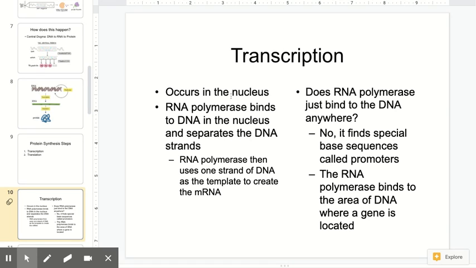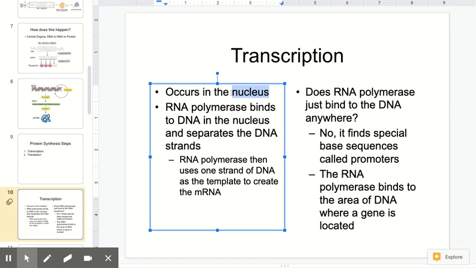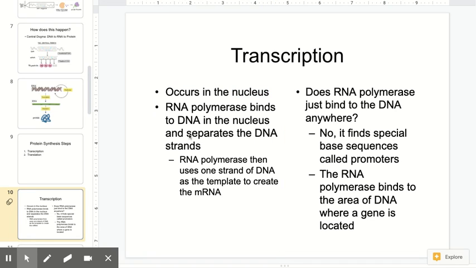Transcription happens in the nucleus. Everybody see that? The nucleus. In the nucleus, we have our DNA. DNA is extremely important. We have a molecule called RNA polymerase, and RNA polymerase binds to DNA. Again, that DNA is in the nucleus, and it separates the DNA.